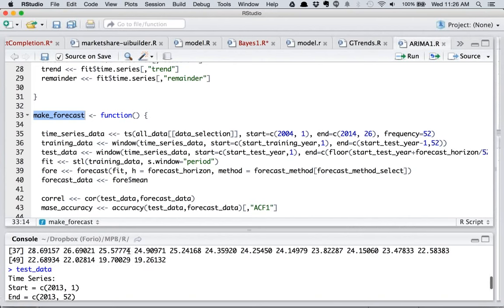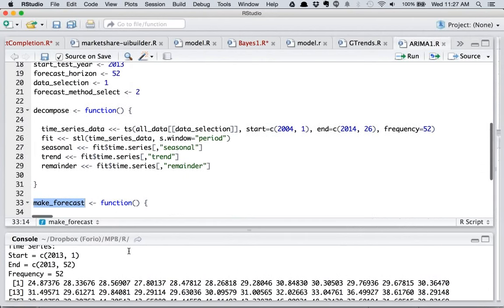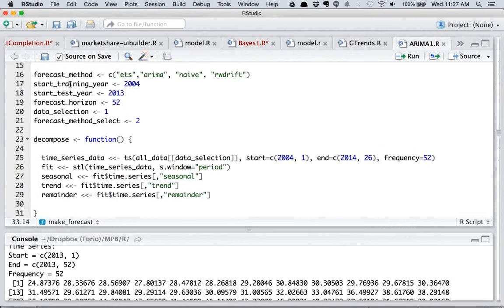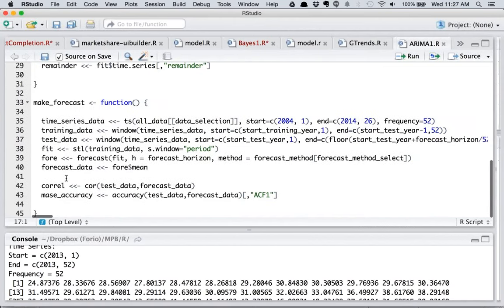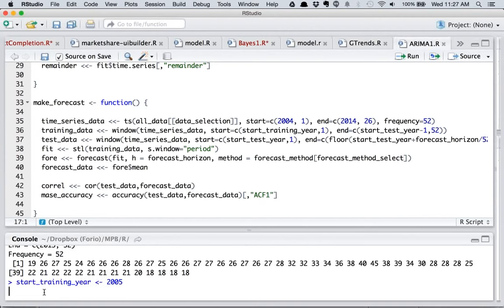And then I can do things here too. Let's say I'm going to change the training year. So I can say, let's change that training year from 2004 to 2005, for example. There we go.